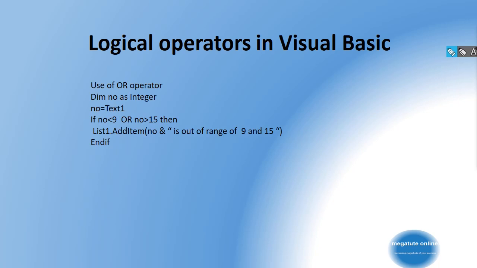Right. Now let's take another example, which is of the OR operator. The use of the OR operator. Similarly, I've picked up the same example. I'm taking a number from the user from TextBox1, and here I'm checking if the number happens to be less than 9 or more than 15, meaning if any of these conditions is matched, then we'll say that the number is out of range of 9 and 15, because if it is between 9 and 15, it is in the range. If the number happens to be less than 9, say 1, it is out of range.